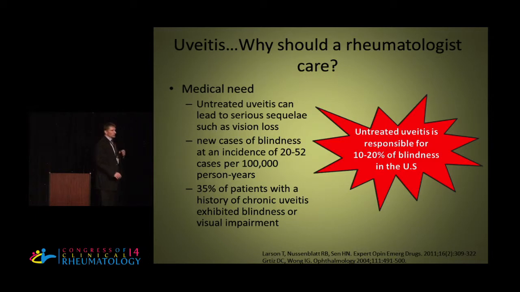So uveitis, why should a rheumatologist care? Well, besides the obvious that some of our diseases can be associated with uveitis, untreated uveitis is responsible for 10 to 20% of blindness in the U.S., which is a pretty big number. 35% of patients with a history of chronic uveitis exhibit blindness or at least some type of significant visual impairment.